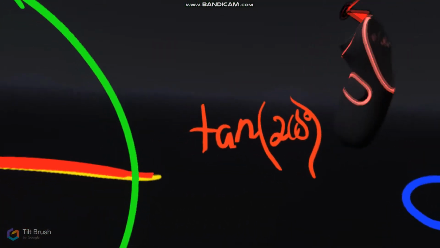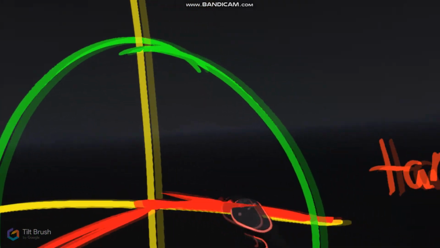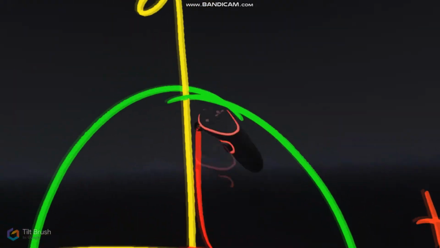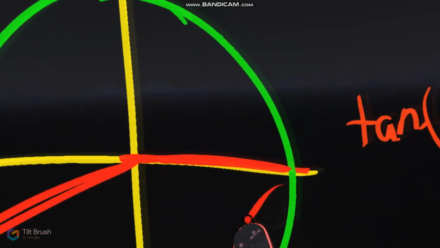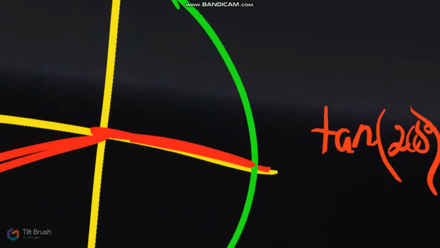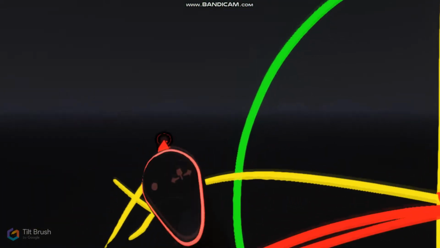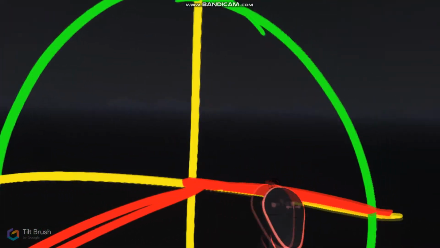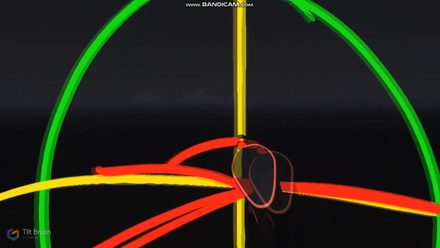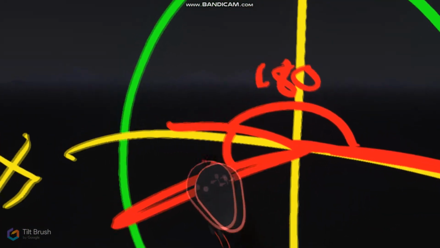When you have a degree like this, you're trying to get it back to the first quadrant, to an acute angle, because it has to be less than 90 degrees. This angle is 180 degrees, and this is 30.